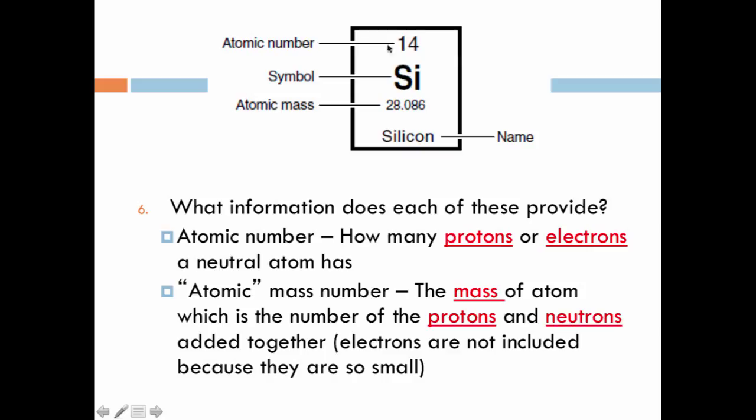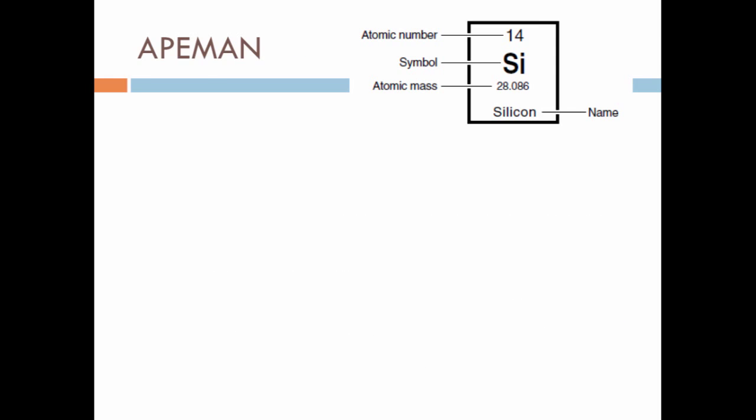So looking at this information, just by looking at these two numbers, I can tell you that it has 14 protons, 14 electrons, and then taking 28 minus 14 is 14 neutrons. So by looking at these two pieces of information on the periodic table, I can tell you the number of every subatomic particle. That's pretty cool.